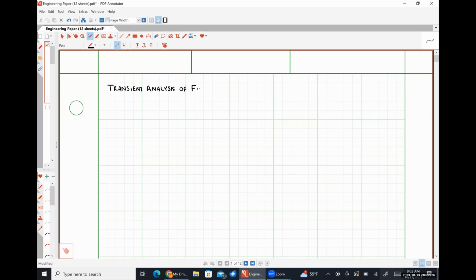The first thing that we're going to cover is the concept of time constants, which is going to ever so slightly change our equations. And then we are going to cover the concept of total response.